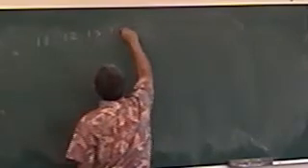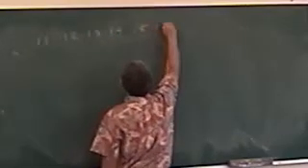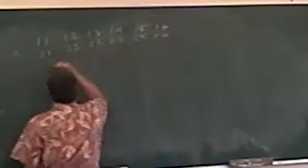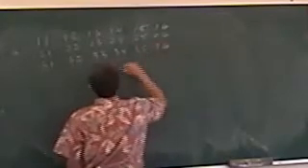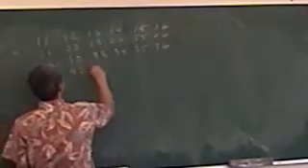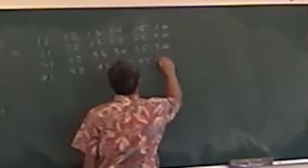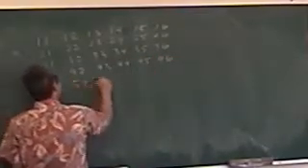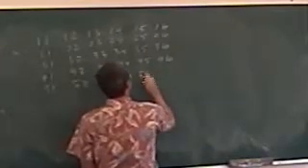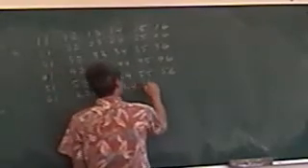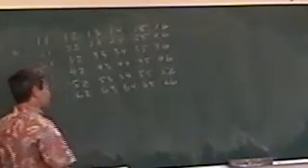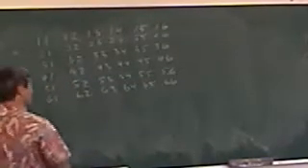Now it's kind of cumbersome, but you have to see this at least once in your life. 5 and 1, 5 and 2, 5 and 3, 5 and 4, 5 and 5, 5 and 6. 1 and 6, 2 and 6, 3 and 6. How many elements in the sample space? 36. So whenever you roll 2 dice, the denominator is going to be 36. It's always going to be something out of 36.